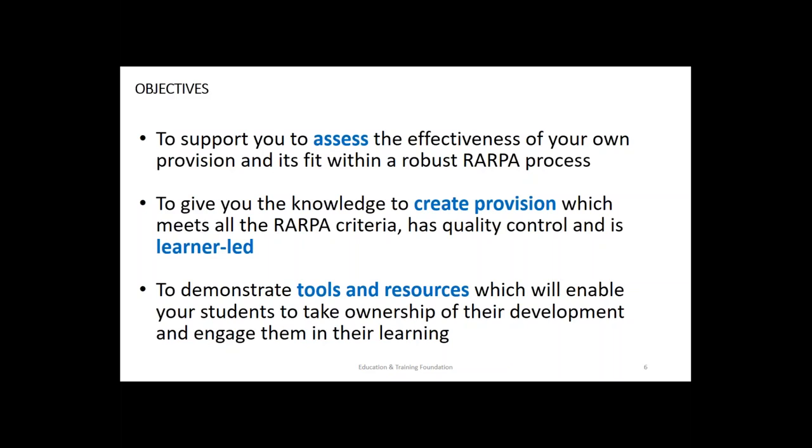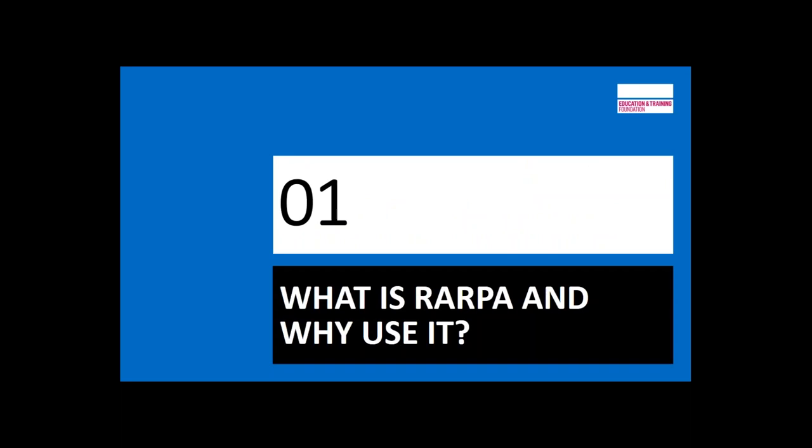And I'll be demonstrating, as I said before, tools and resources to enable you to get your students to take ownership of development and engage them in the learning. Because as I've said before, this is the key bit. We want our learners to know where they're going, know what their aspirations are, know what their journey is, and be on that journey with us facilitating that for them.